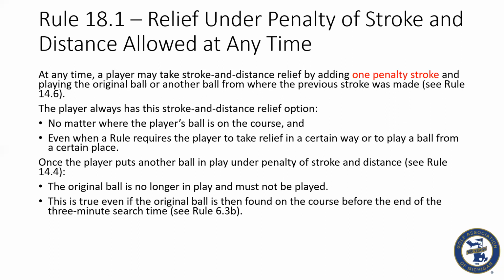And this is true even if the original ball is then found on the course before the end of the 3-minute search time, or in the case of after we've taken relief and we go up and find it. At that point, we're still going to play with that ball that's been put in play under stroke and distance.